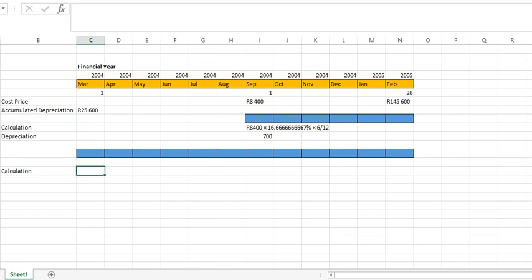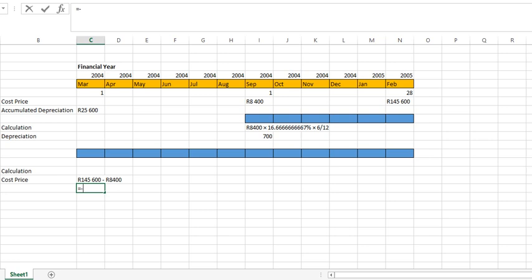Okay, so to do that, we get our cost price. Our cost price is the value at the end of the year of 145,600 Rand minus the 8,400 Rand, which we take out.